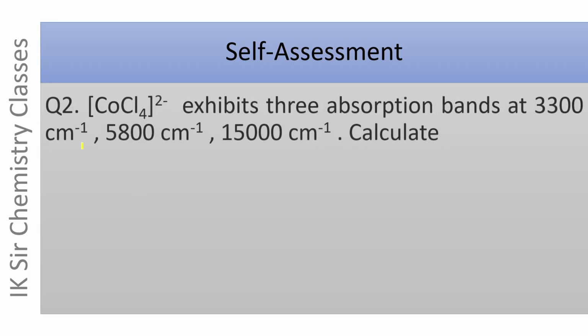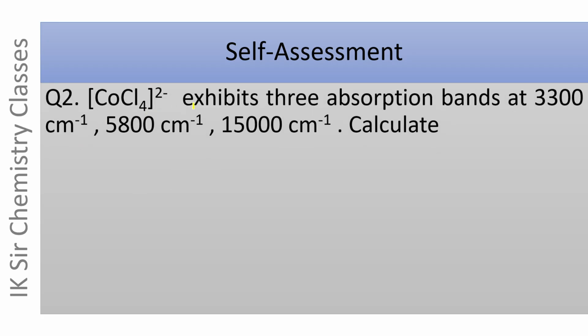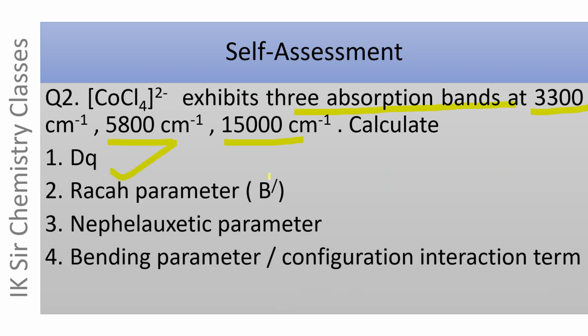There is another problem. [CoCl4]2- exhibits 3 absorption bands at 3,300 cm⁻¹, 5,800 cm⁻¹ and 15,000 cm⁻¹, and then we have to calculate dq, Racah parameter, nephelauxetic parameter and bending parameter. Solve these two problems and submit the answer in the classroom.